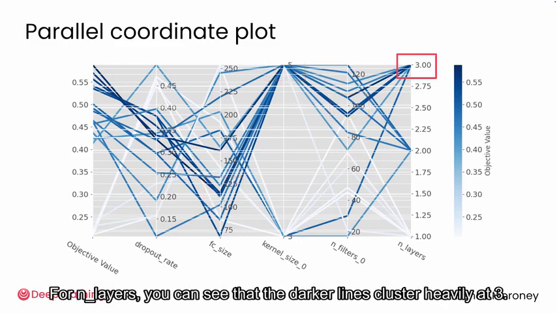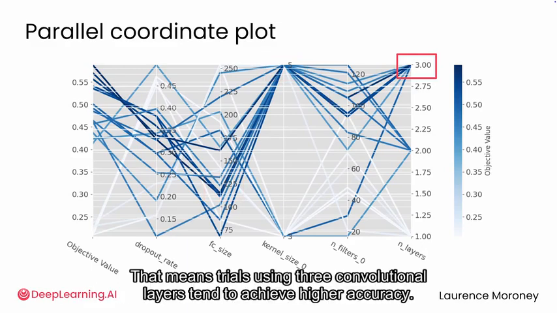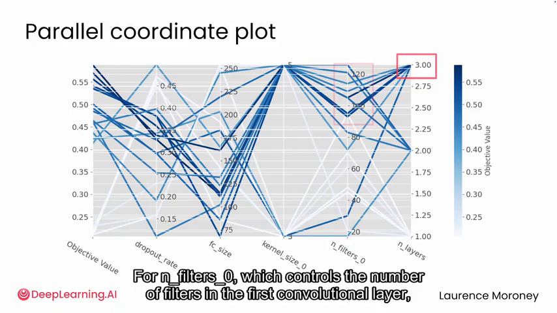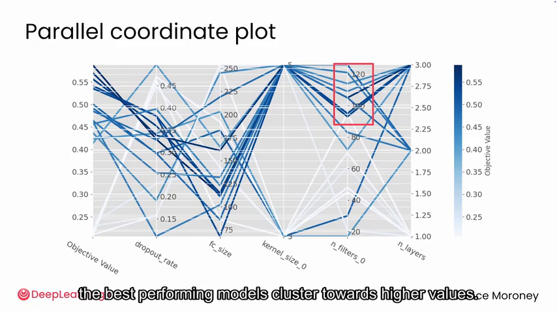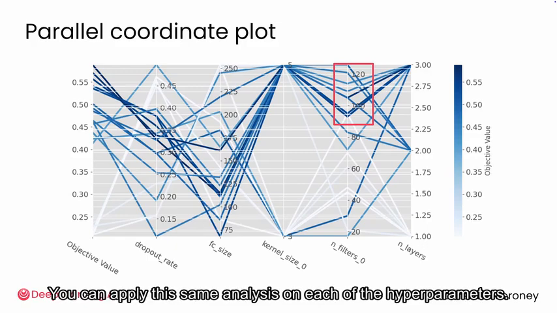For n layers, you can see that the darker lines cluster heavily at 3. And that means trials using 3 convolutional layers tend to achieve higher accuracy. For n filter 0, which controls the number of filters in the first convolutional layer, the best performing models cluster towards higher values. You can apply this same analysis on each of the hyperparameters.